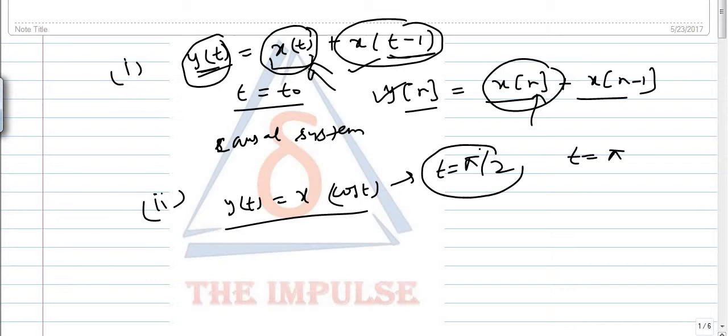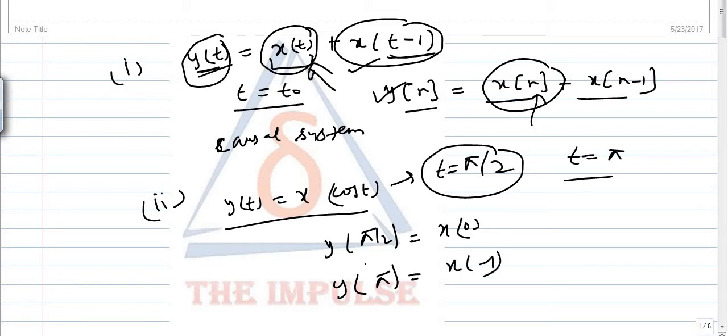By assuming t equals pi by 2, I get y of pi by 2, which is x of 0. And if we take t equals pi, then it will be x of minus 1. So we can interpret here, for any present value of time t, my output depends on the past value of input. So one can tell here that the system is causal.